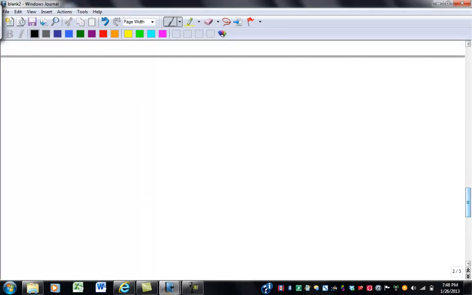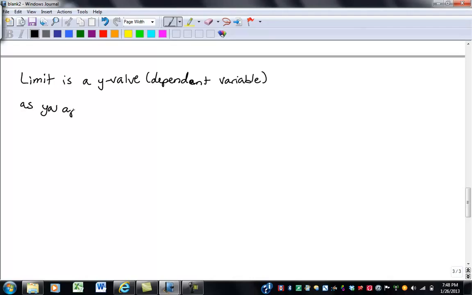So, some ways to look at a limit. A limit is really a two-sided feature. A limit is a y value, or a dependent variable, dependent value, as you approach an x value, which is the independent variable.